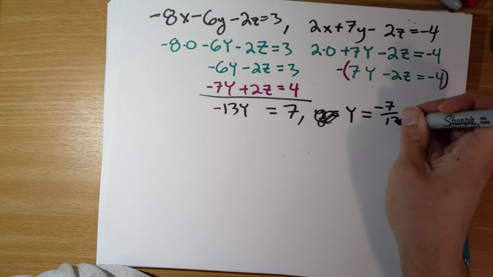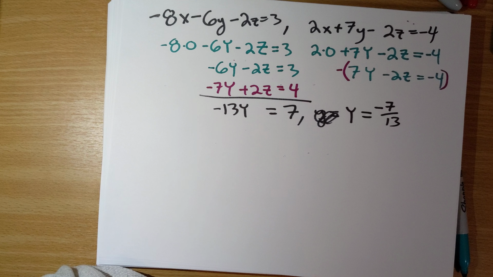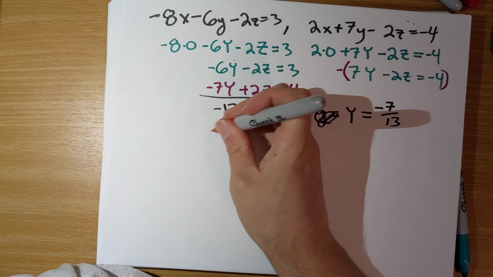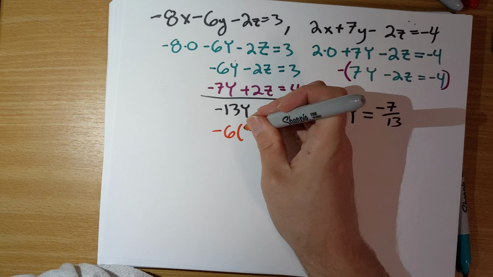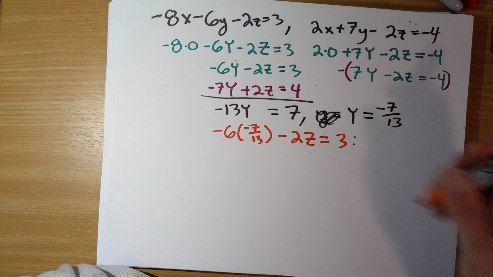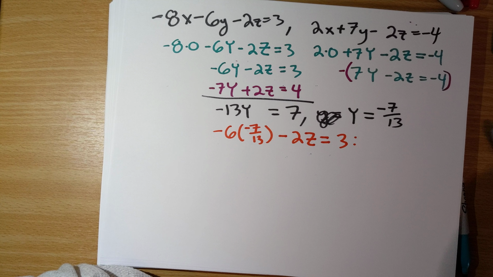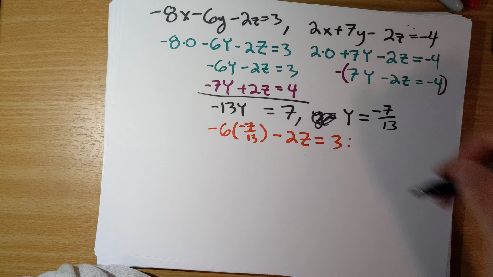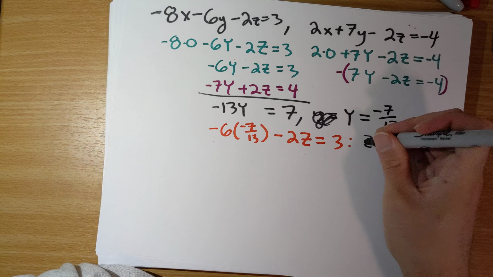Then we just need to plug that into one of these equations, like the first one: negative 6 times negative 7 over 13 minus 2z is equal to 3. If you solve this for z, you end up with z is 3 over 26.